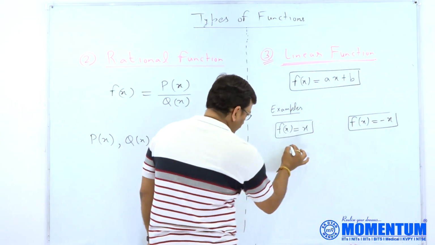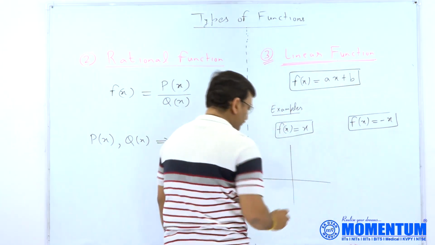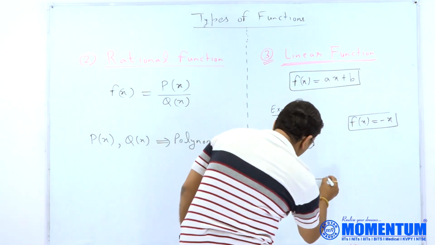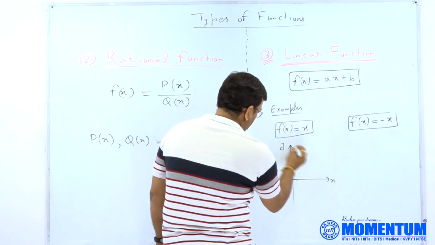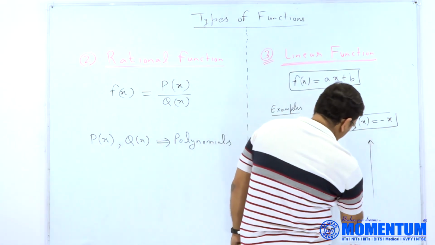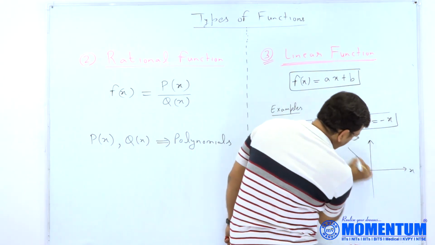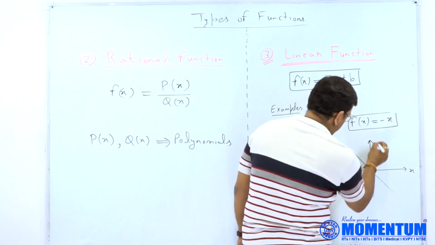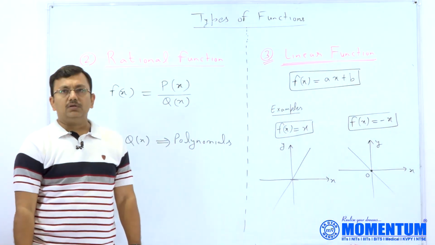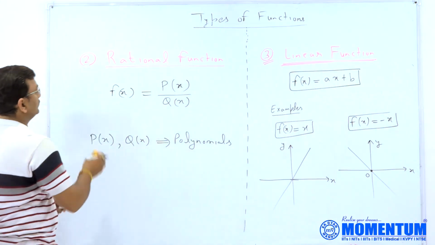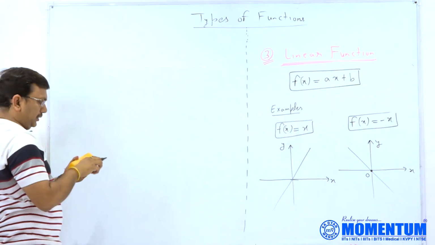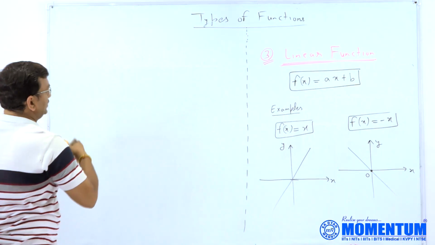Diagram for f of x equal to x, f of x equal to minus x. Then number 4 we have identity function.